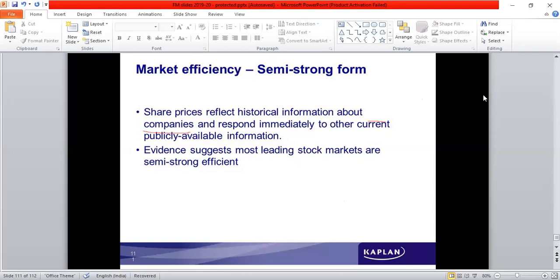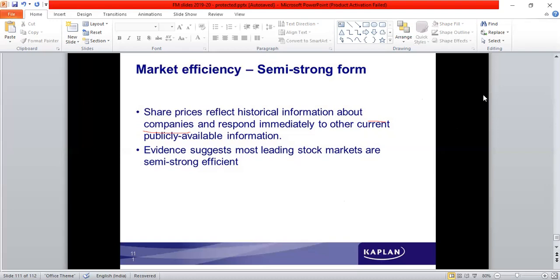Then it says that evidence suggests most leading stock markets are semi-strong efficient. That is, the information is not instantly available for them to respond to and take a decision. So they have to wait until some information is publicly available.